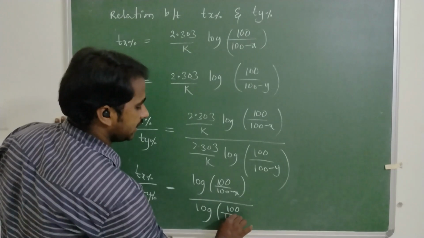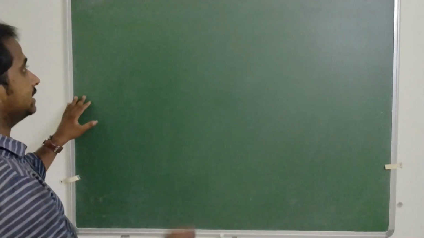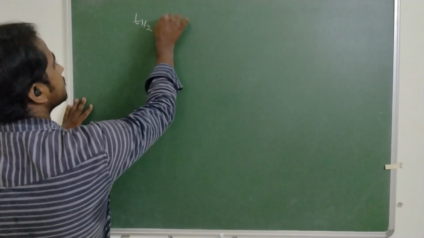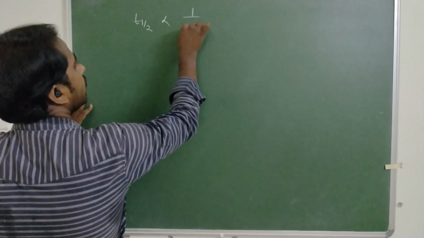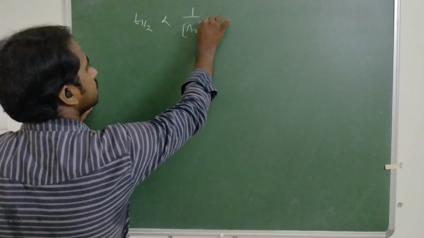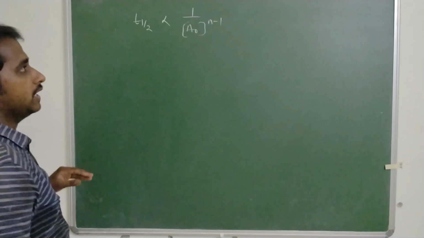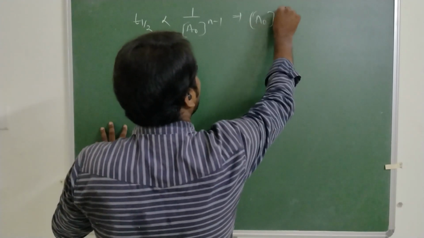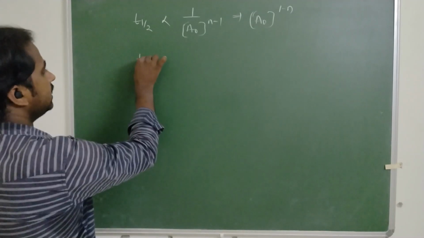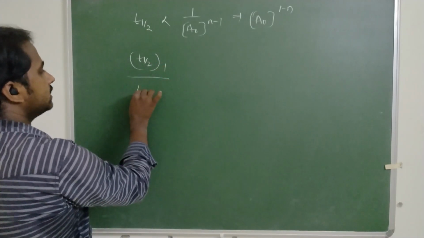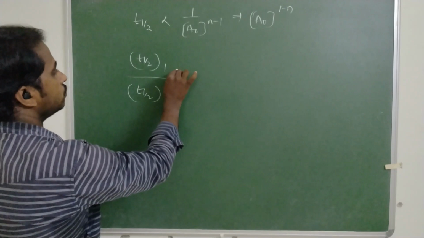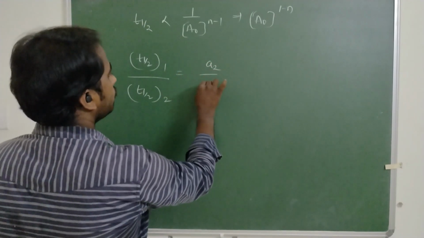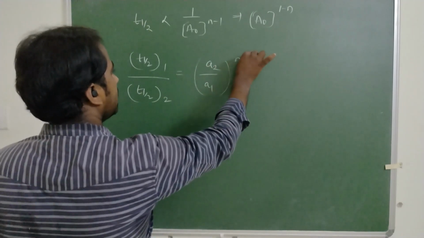Generally, t half is directly proportional to 1 by initial concentration power n minus 1, or this is equal to initial concentration power 1 minus n. So t half for reaction 1 and t half for reaction 2, we can write as a2 by a1 power n minus 1.